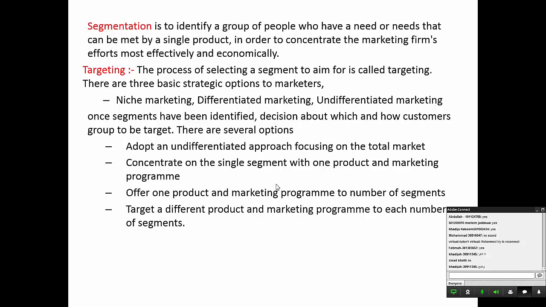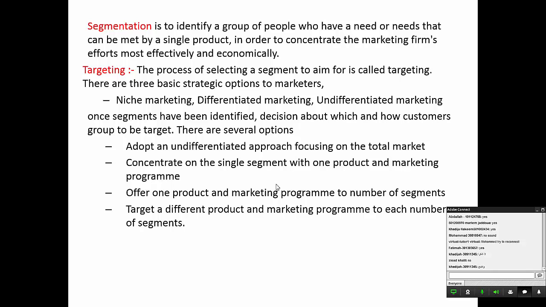This is my market, okay. Those people I'm targeting. For example, I'm targeting the teenagers. For example, like some products like Swatch, a famous company of manufacturing watches.